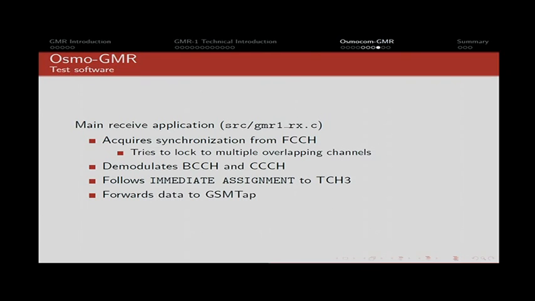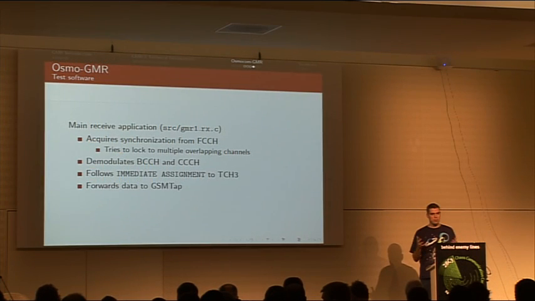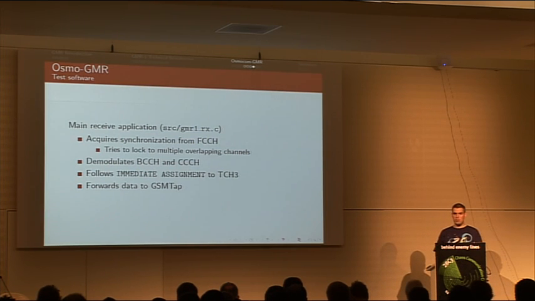So obviously, since both previous layers are just primitives and helper functions, we need something that actually uses them. Usually it would be the higher layers, like layer 2, layer 3, and stuff like that, but we haven't actually coded that yet. So instead, we have a test application whose main job is to do the equivalent of what AirProbe does for GSM. That is, you give it a C file where you think there is a carrier.